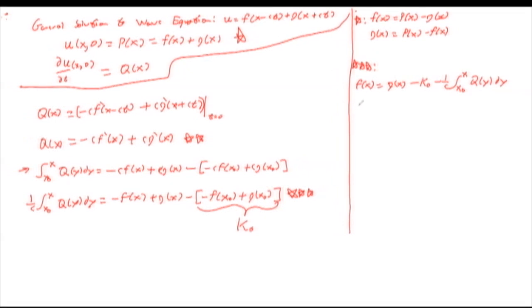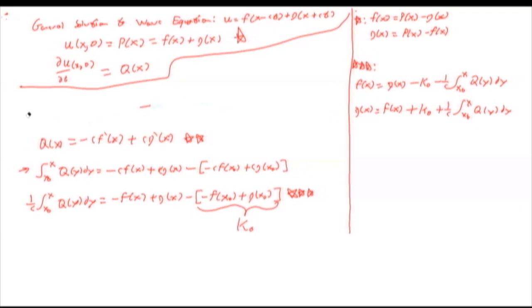Similarly, for g of x, we have g of x is equal to f of x, but now we have plus k naught plus 1 over c times the integral from x naught to x of q of y dy. Okay, lovely. So now I will erase this over here on the left.